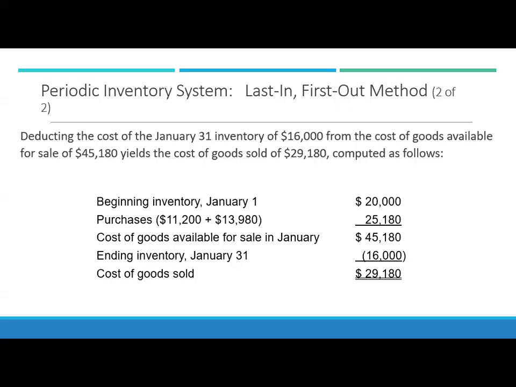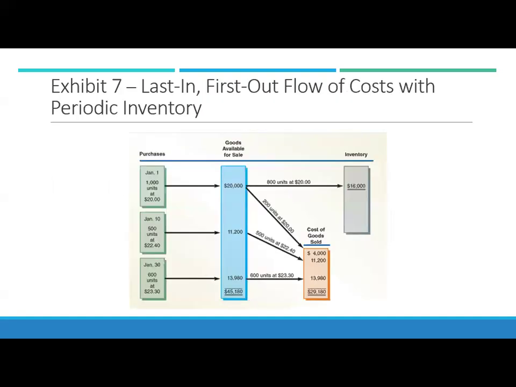We can compute cost of goods sold from that. And it really bugs me that this graph is not proportional in the bar charts. But basically, $16,000 is the 800 units at $20, and then we have 200 units at $20, 500 units at $22.40, and 600 units at $23.30 go to cost of goods sold.